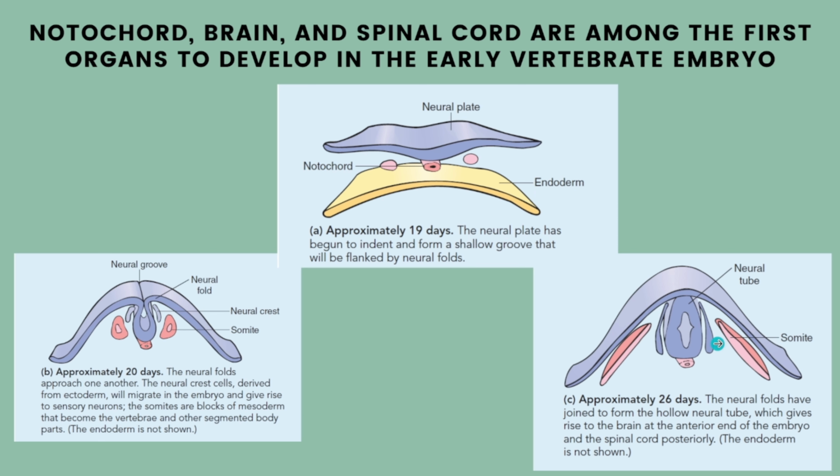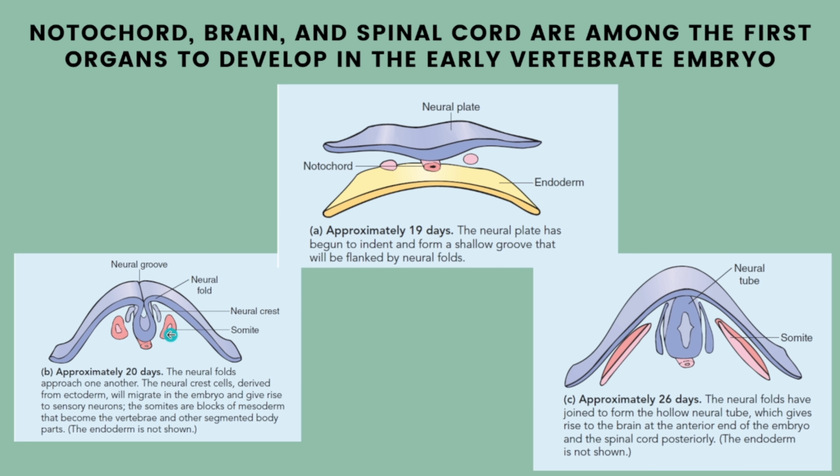The sheet of mesoderm on either side of the developing notochord will separate into a series of blocks we call somites. The somites themselves are transient embryonic structures, and after that they will differentiate into the skeletal system.